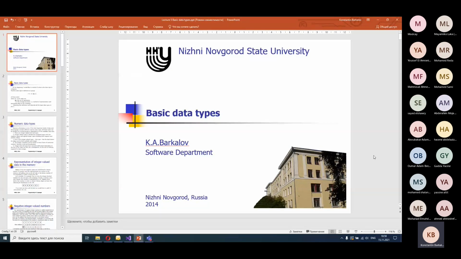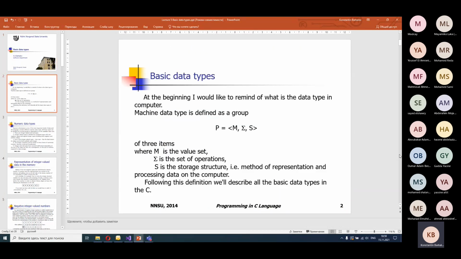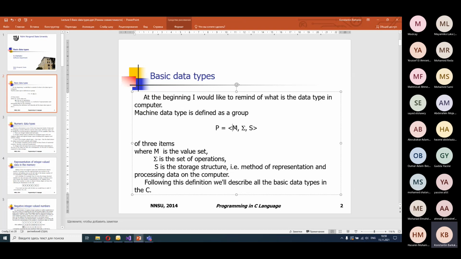Well, the topic of our lesson is basic data types. Let me remind you that when we discuss machine or computer data types, we define a data type as three items, where M is a set of values, sigma is a set of operations that can be applied to these values, and S is a storage structure.